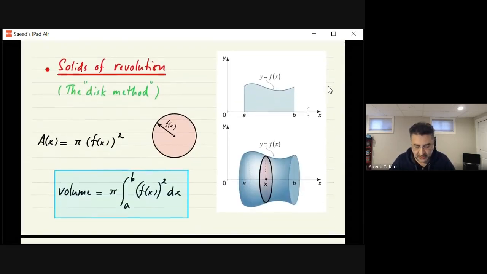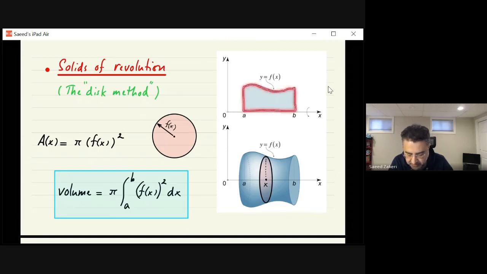The basic case, as you recall, is somebody gives me the graph of a function f. I'm assuming the function is positive, so the graph is above the x-axis. I look at the region under the graph of f between x equals a and x equals b, a region sitting in the xy plane.